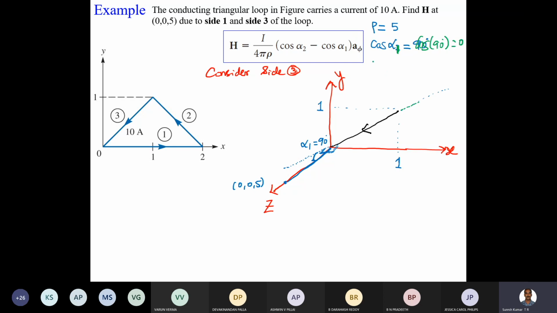Now we need to calculate cos alpha 2. Alpha 2 is the angle between the axis of the wire and the line connecting the observer and the upper edge of the wire. So this angle is alpha 2.